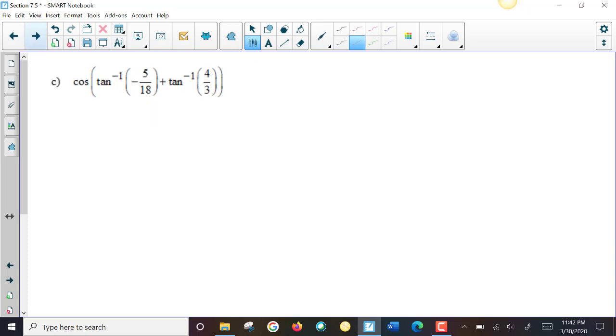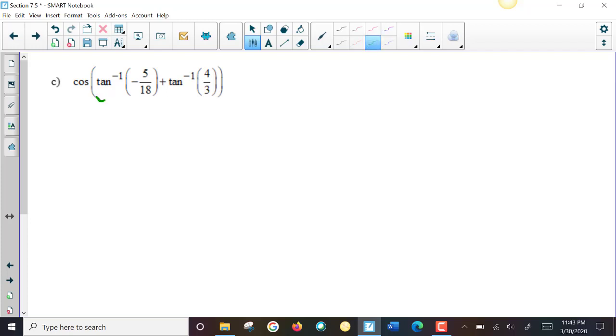Okay, now each time we just get a little more going on. So this one has more going on inside. So I'm saying, what's the cosine of the sum of two angles? Inverse tangent of -5/8 and inverse tangent of 4/3. So basically, those are two different angles.